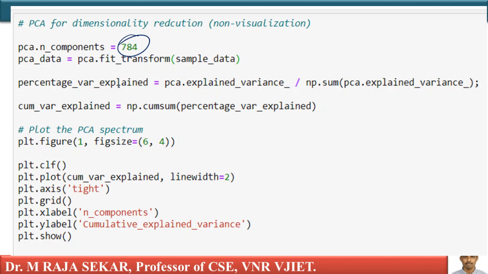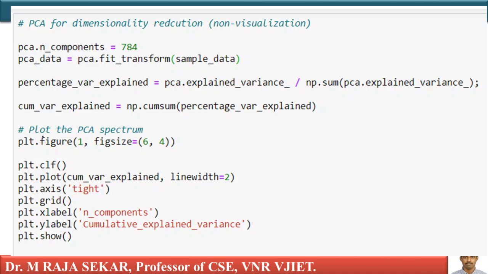I am saying the number of components is 784, which means I want a 784 dimensional transformation, so I am going from 784 dimensions to 784 dimensions. What is the reason? Just bear with me for a few minutes and you will understand the real significance. Let me explain this simple code.